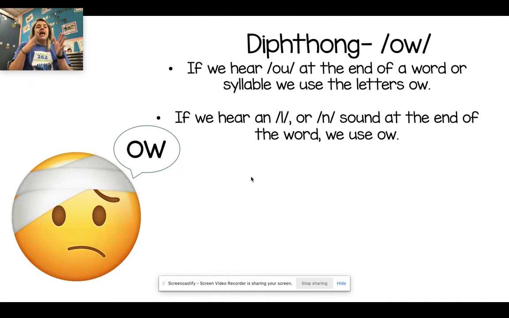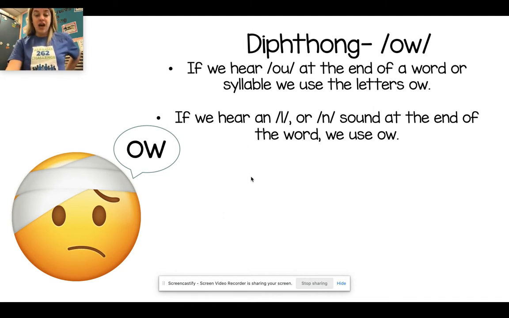Okay, there are a few exceptions to this rule. Okay, if we hear an ow plus the L, so an ow plus L, we're going to use OW, even though it's in the middle. We're going to use OW if it comes before an L. Or if we hear ow plus the letter N, we're going to use the diphthong OW.